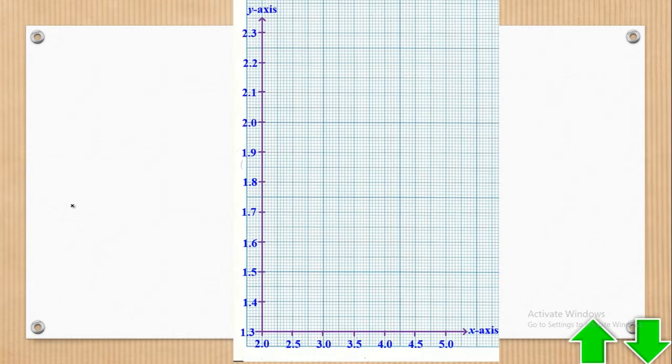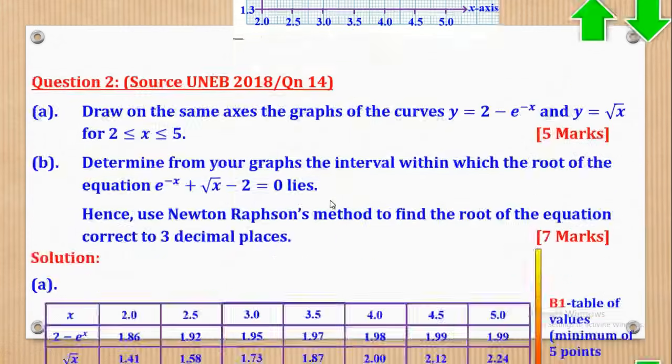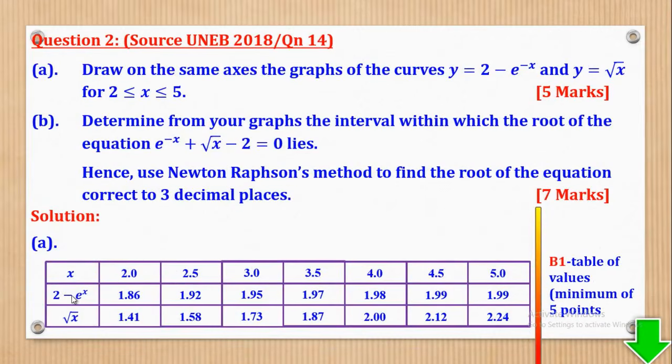Then from there we shall start to plot. So I'm going to start with one curve. So we shall start with this one of 2 minus e^x, which has these values.